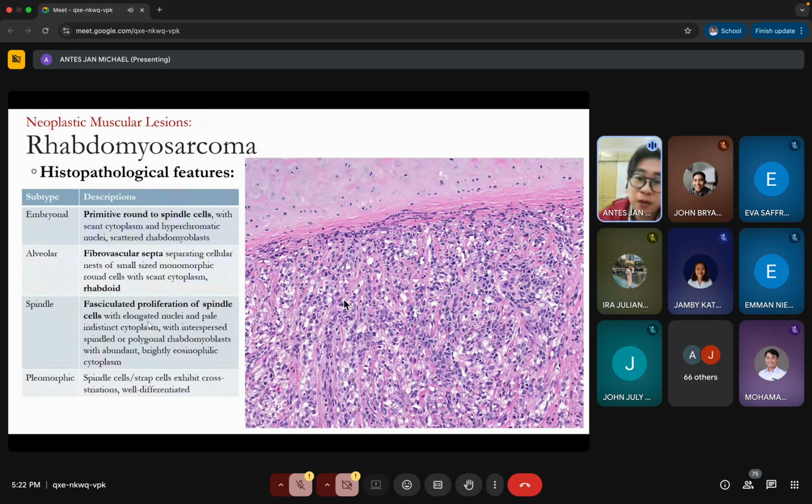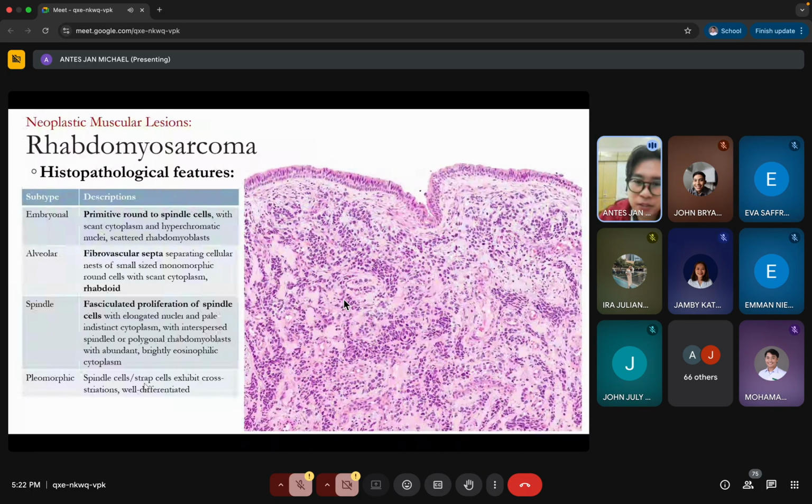Now alveolar, on the other hand, these round primitive cells are divided into septa. So they are divided with a fibrovascular septa. If there's division, its subtype is alveolar.